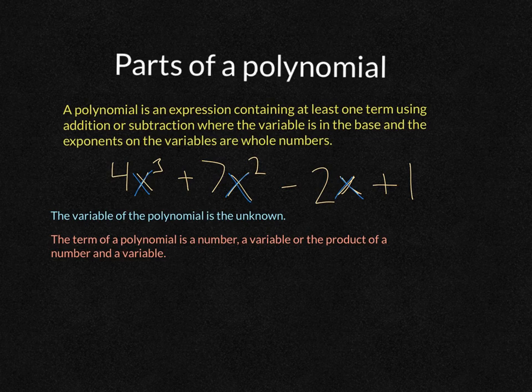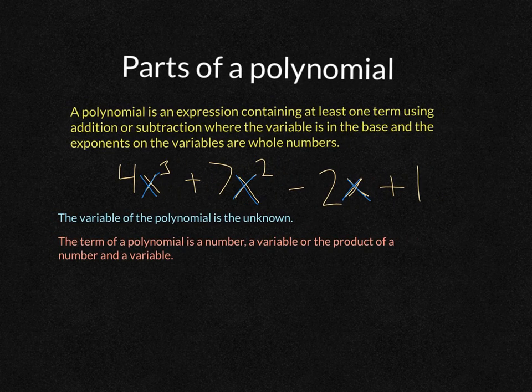A term is the second part of a polynomial expression. A term of a polynomial is a number or a variable or the product of a number and a variable in the expression. So we have 4 terms in this polynomial. The 4x cubed is our first term. Then we have 7x squared as a second term. Minus 2x is my third term, and plus 1 would be the last term.